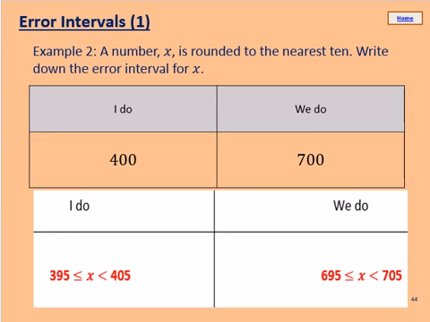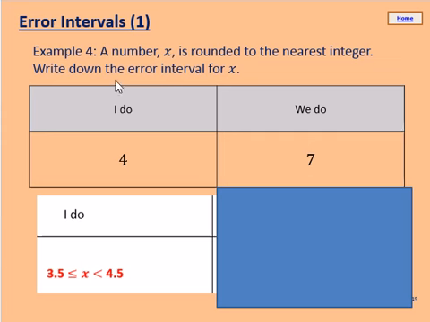One last I do and we do, and then we'll give you some questions to try it yourself. So a number x is rounded to the nearest integer. Remember, this word integer means whole number. So a number x is rounded to the nearest whole number, and that whole number is 4. So every number that could have rounded to 4 to the nearest whole number.